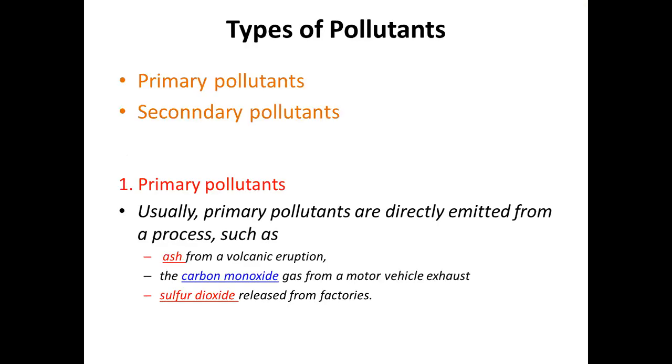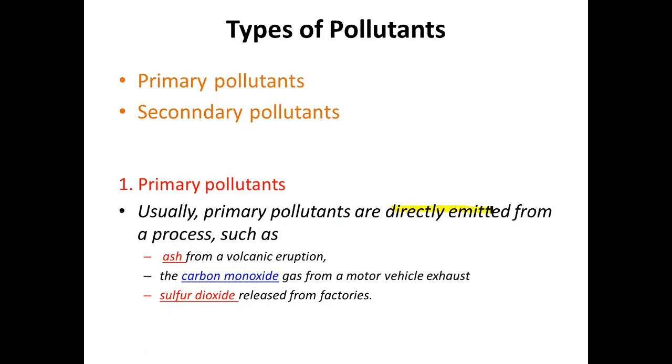Then let's learn about types of pollutants. We can categorize pollutants as primary pollutants and secondary pollutants. Let's see what primary pollutants are. Primary pollutants are directly emitted from the process or the source.